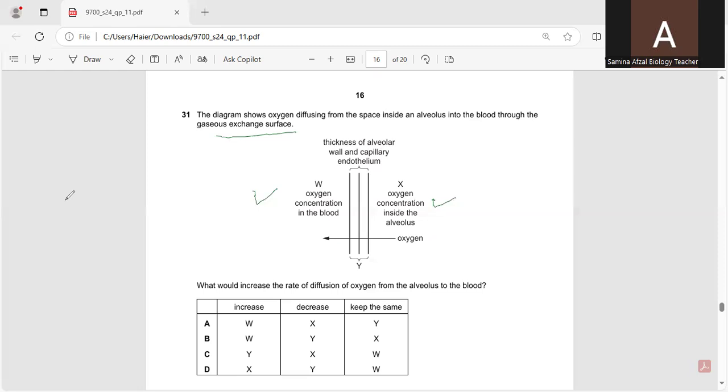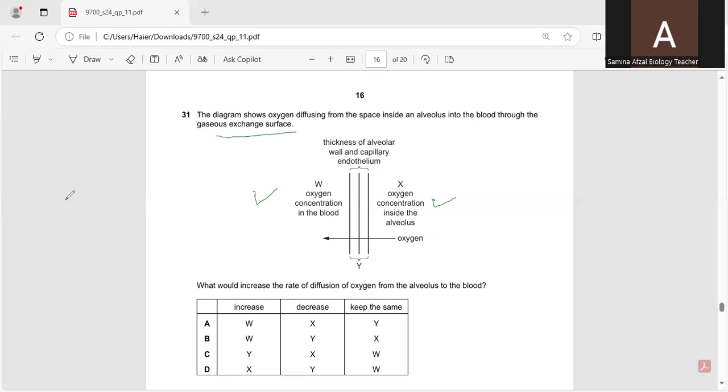So what is happening? What would increase the rate of diffusion of oxygen from the alveolus to the blood? So you can say when oxygen concentration inside the alveolus is high. It is increasing because during inhaling, when we inhale the oxygen from the air, then it enters into the alveolus.